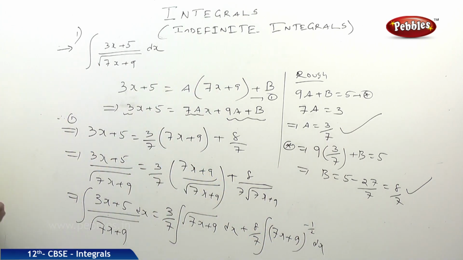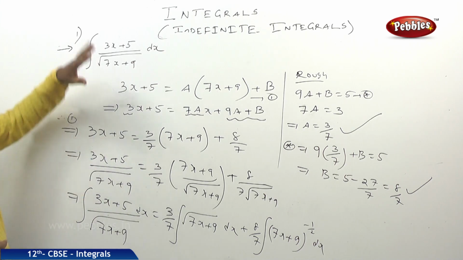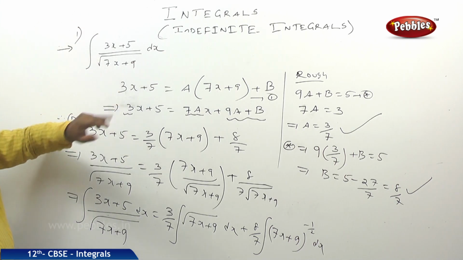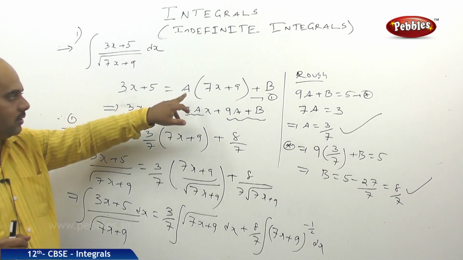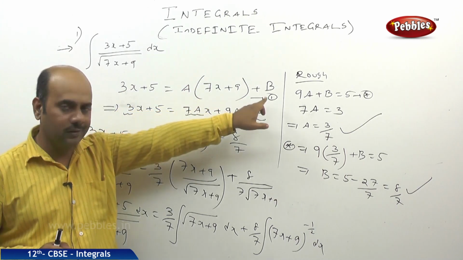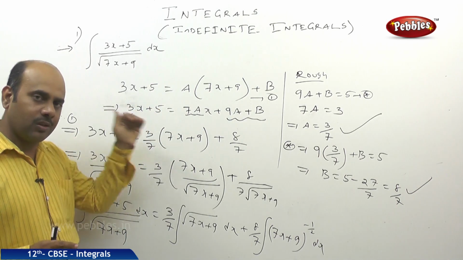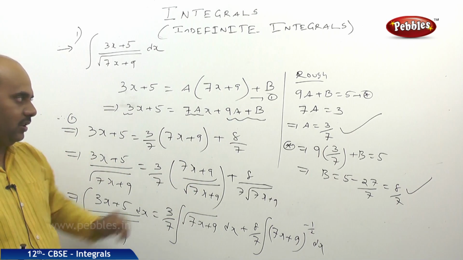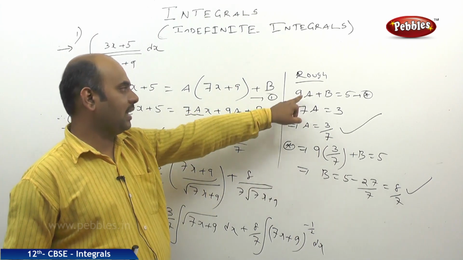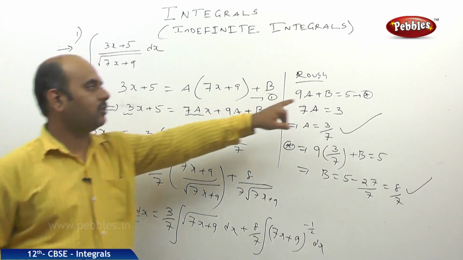If you observe carefully, I'll repeat the process from the beginning. Whenever this kind of problem comes, we need to write 3x plus 5 is equal to a into 7x plus 9 plus b, and later we need to compare the terms on both LHS and RHS. I compared the constant, so I got 9a plus b is equal to 5.